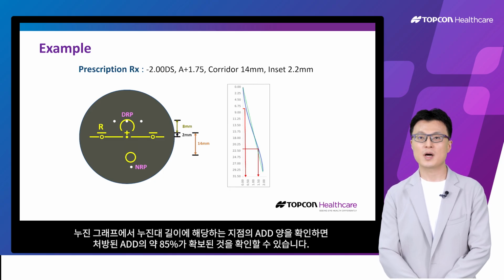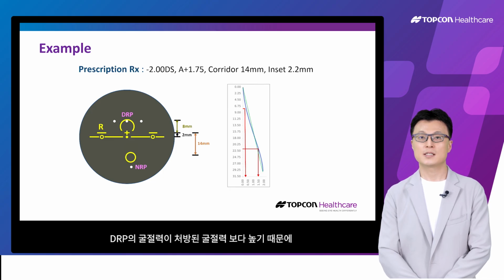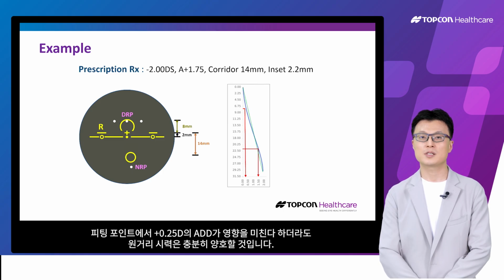If you check the edge amount at the point corresponding to the corridor length in the progressive graph, you will see that about 85% of the prescribed edge is secured. Since the refractive power at the DRP is higher than the prescription, even with an edge of plus 0.25 diopter at the fitting point, distance vision will still be good enough.